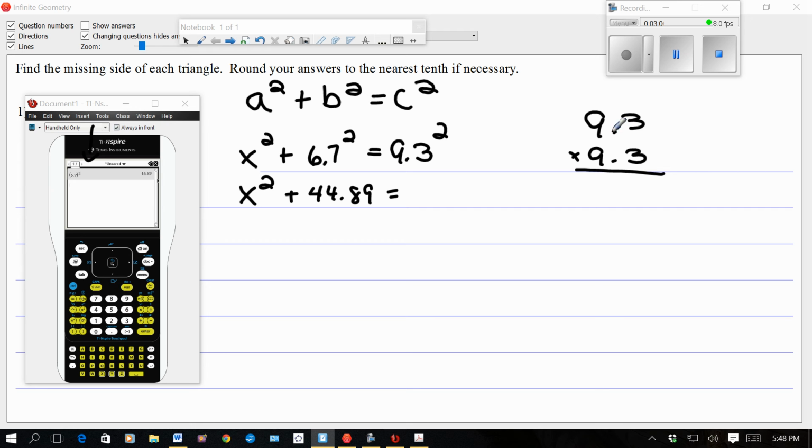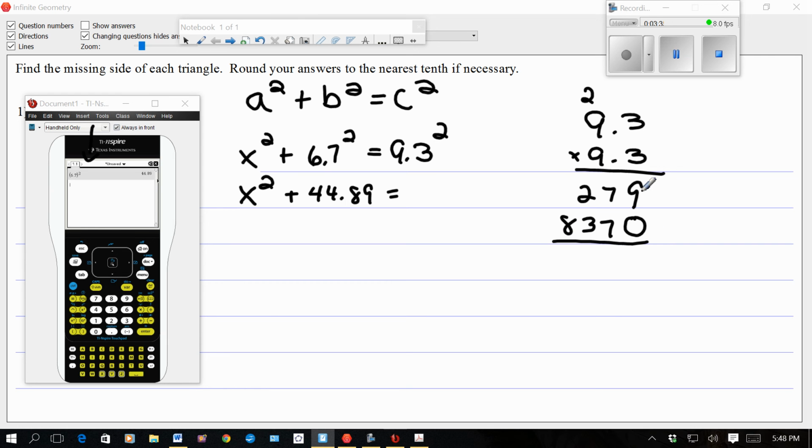Notice I have a decimal here and a decimal here, so I'm going to take this out to two decimal places. I just take 3 times 3, which gives me 9. 3 times 9 is 27. Now 9 times 3, I have to put a 0 here as a placeholder. 9 times 3 is 27. Carry the 2. 9 times 9 is 81 plus 2 gives you 83.